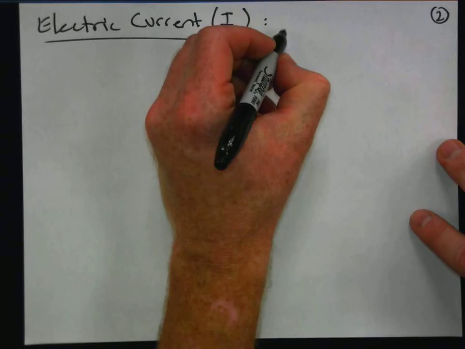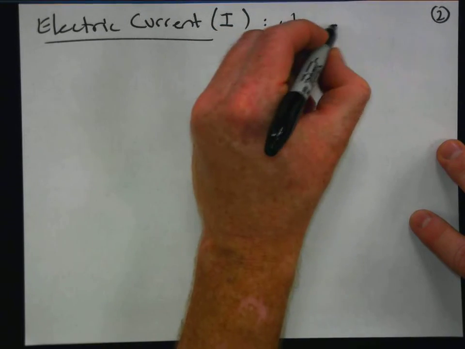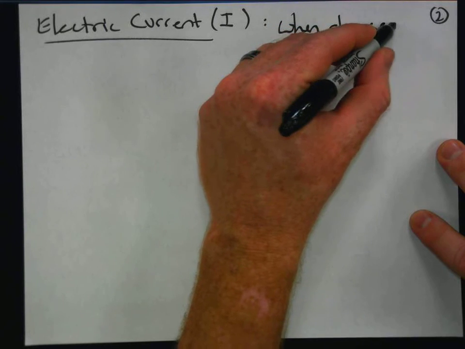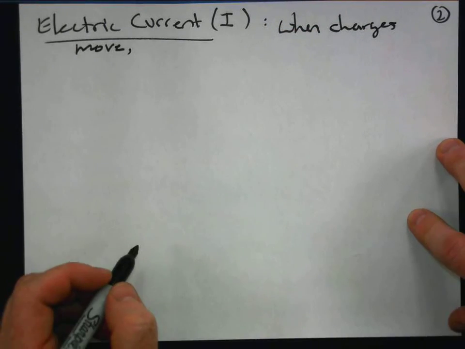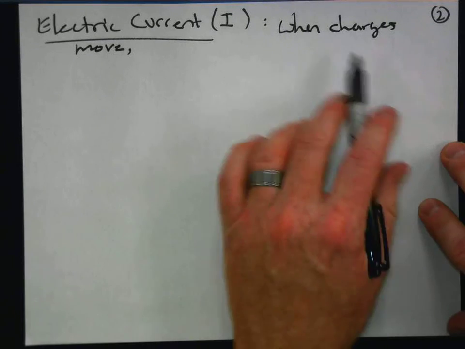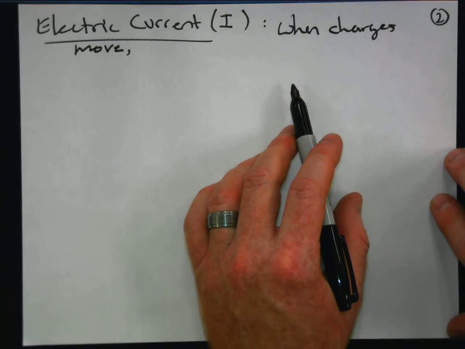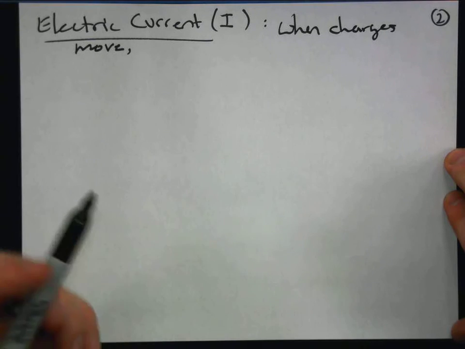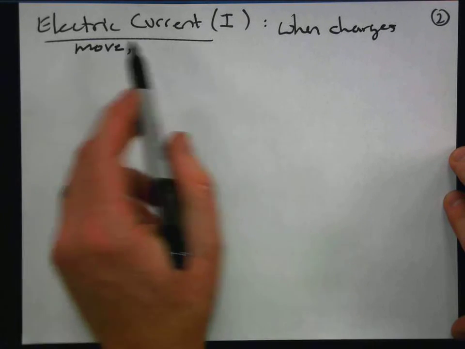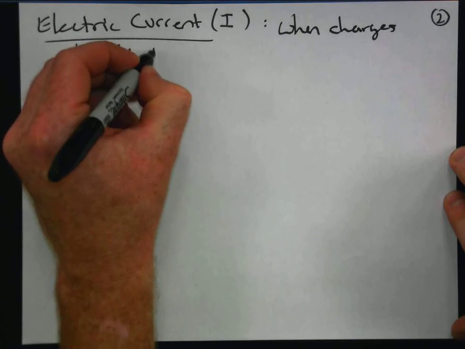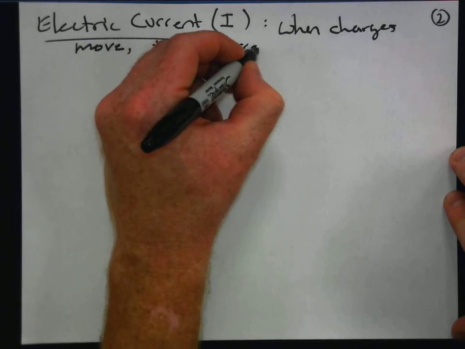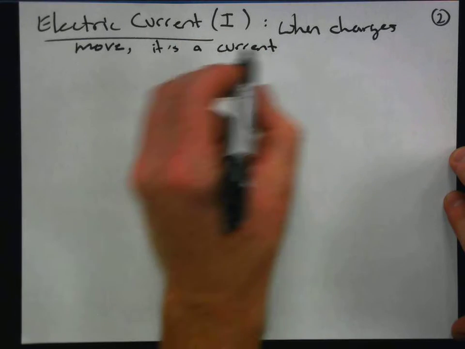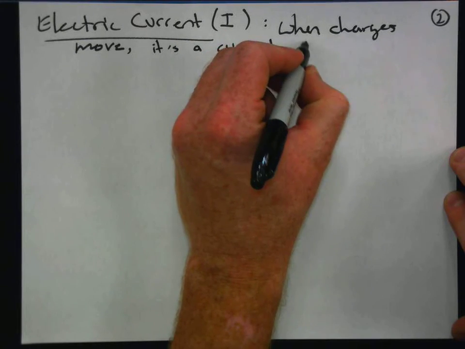When charges move, it's called an electric current. So any moving charges, it could be moving positive charges or moving negative charges, any type. You would call that a current, specifically an electric current, really.